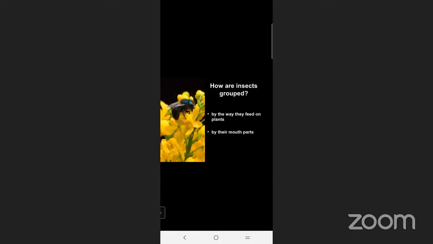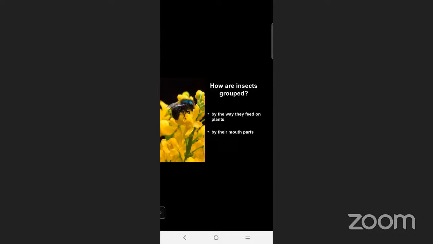In the housefly, sponging means it will sit on the food and first sponge it. Sponging and sucking type of mouth parts. And honeybees have chewing and lapping type of mouth parts.